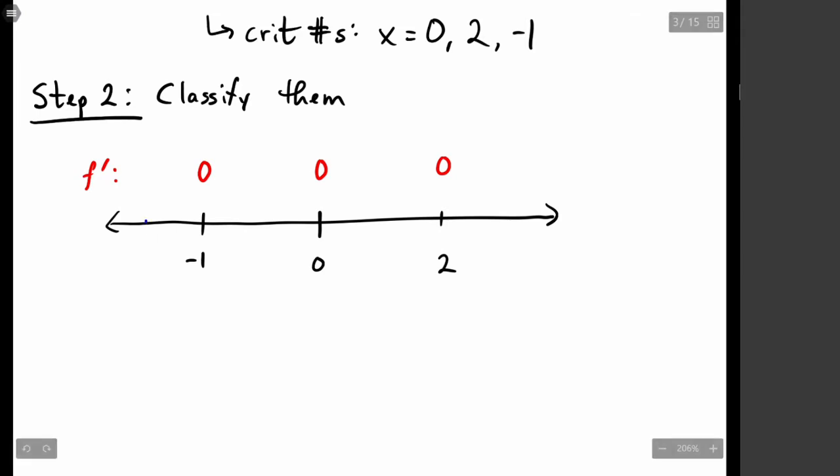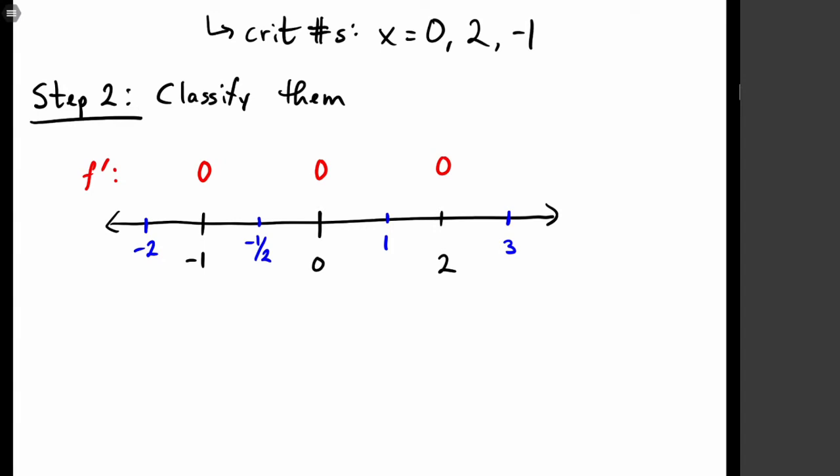So over here, I'm going to take -2 as a test. In here, we need something between -1 and 0, so we're just going to have to deal with -0.5. Okay? In here, we have 0 to 2, so we can pick 1. And in here, we can pick 3.